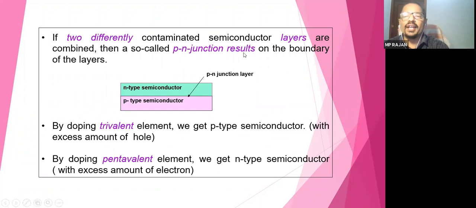So two differently contaminated semiconductors, N-type and P-type, as we have seen in the last slide, we can join together. How will we make N-type? With pentavalent elements, and P-type with trivalent elements like boron. So this is a PN junction layer. So a solar cell is as good as a PN junction.